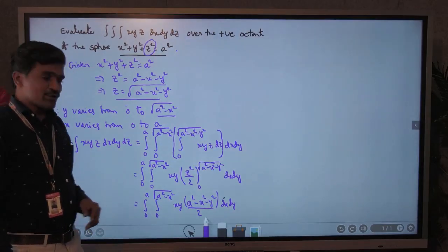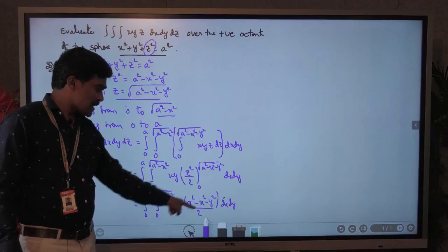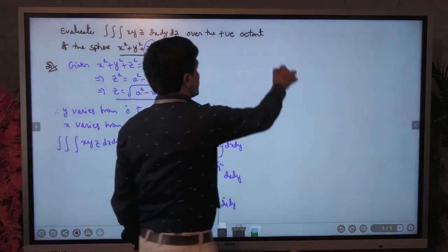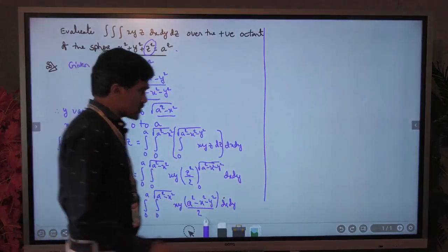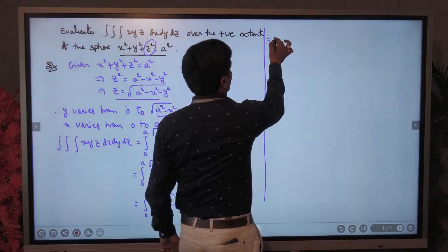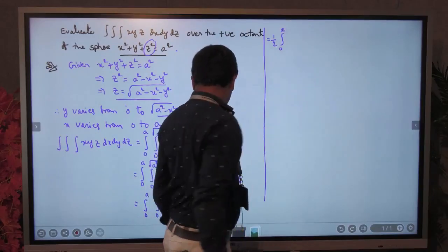So this is integration with respect to z. Now integration with respect to y. Here 1 by 2 is constant, right? Here 1 by 2, integral 0 to a.